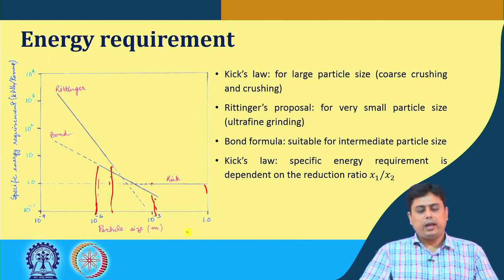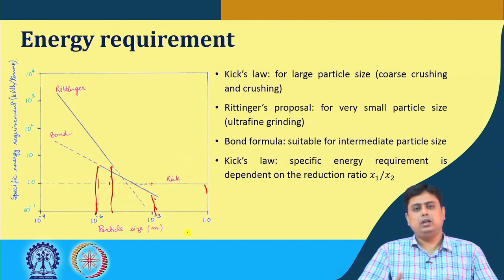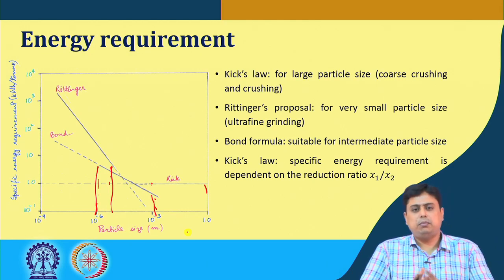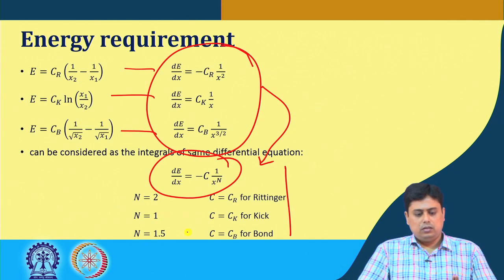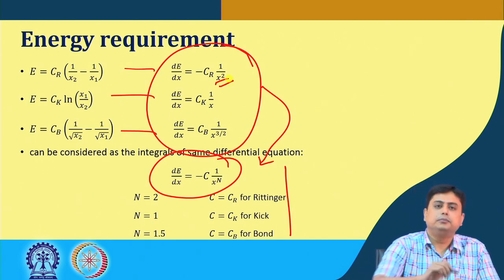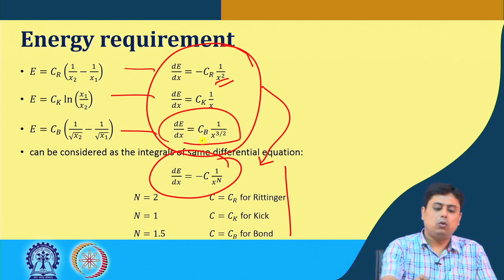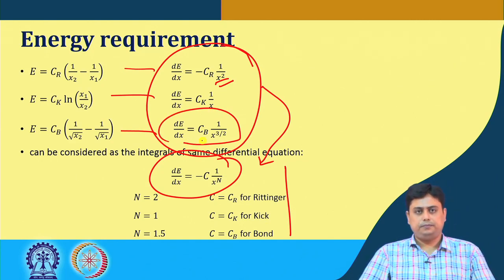Now, if we look at those derivations once again, we can realize that Kick's law dealt with the ratio of the final and the feed particle size, Rittinger's dealt with the surface area, and Bond's law worked in the intermediate region.